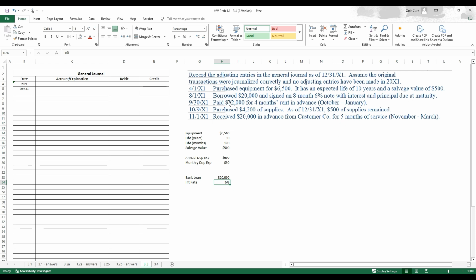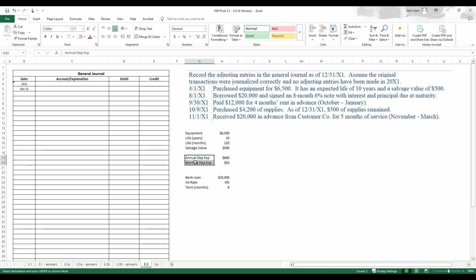Interest and principal I'll do at maturity. It's an 8-month note, so the term is, I'm just going to put this in. It probably doesn't really come into play for us, but we're going to put it in anyway, just in case we might need that.